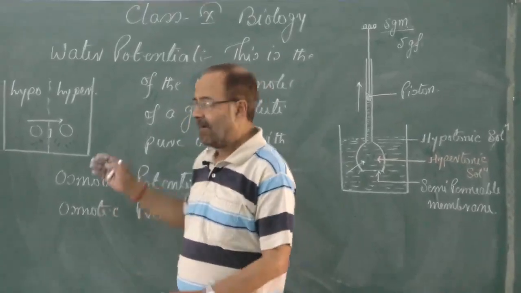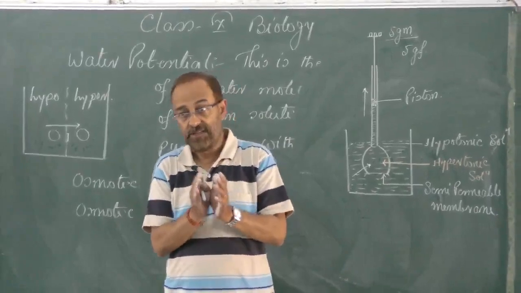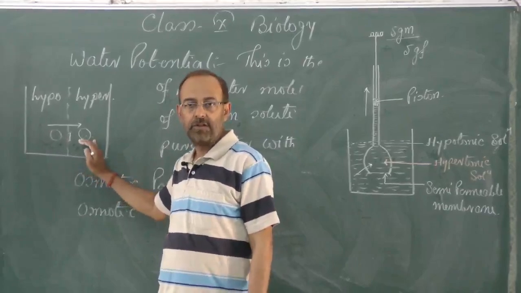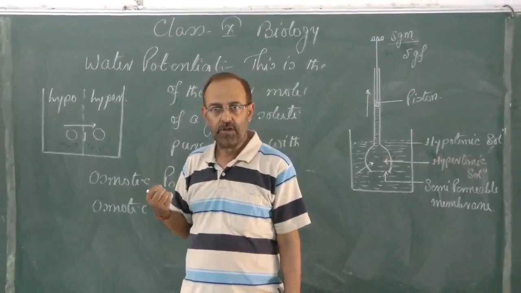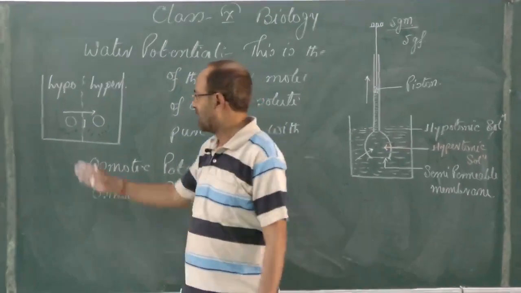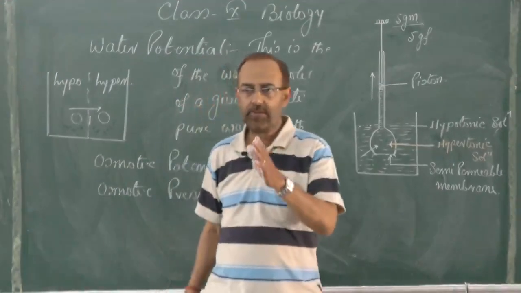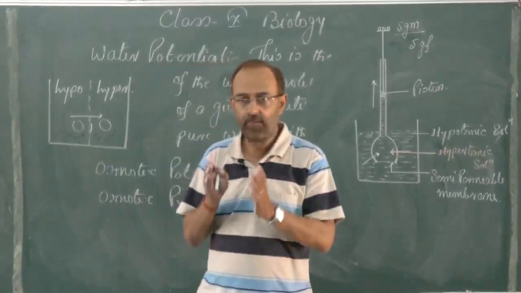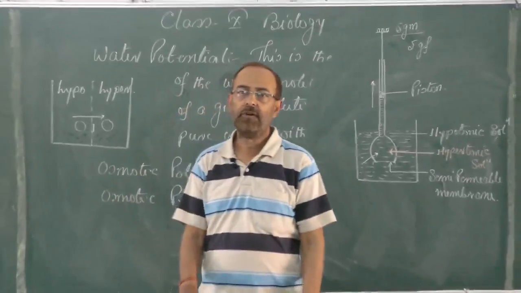So, definitely this pressure is applied not by the outer solution, but by this inner solution, because this solution is the one receiving water molecules. So, only this can apply a reverse pressure, so that the further flow of water will stop. So, osmotic pressure can be defined as the minimum pressure applied by a solution which can just prevent the process of osmosis.